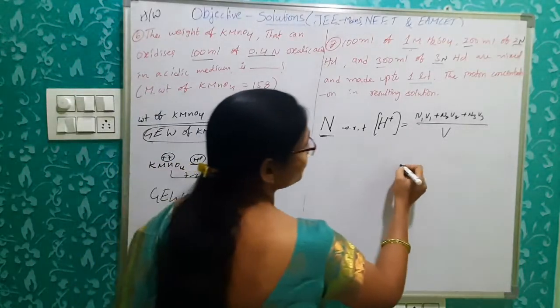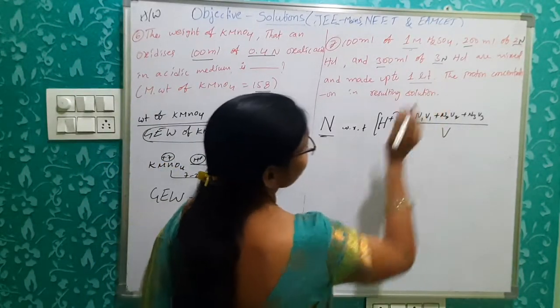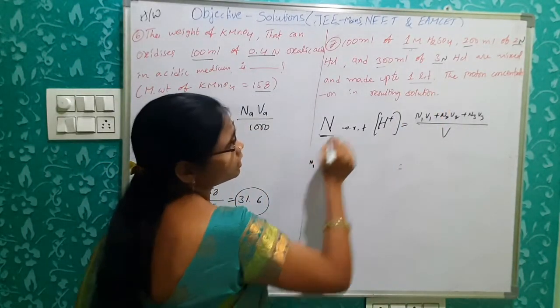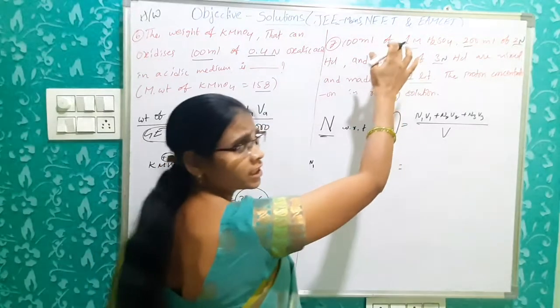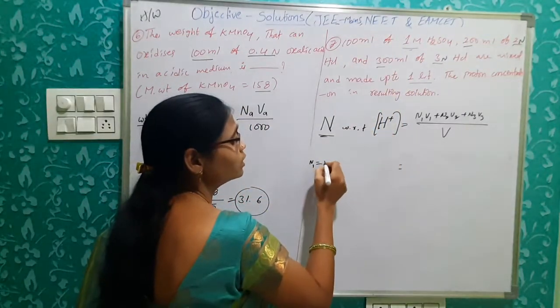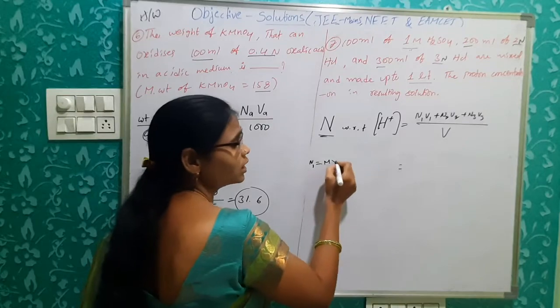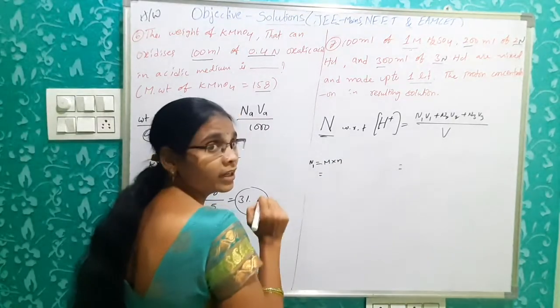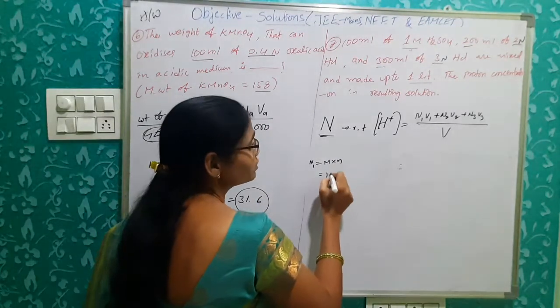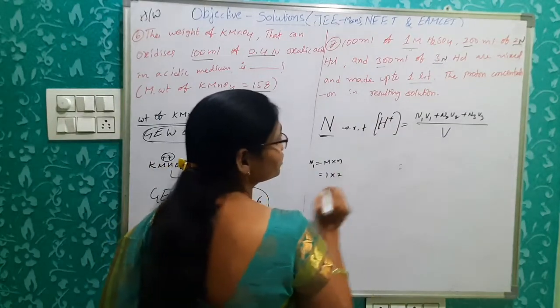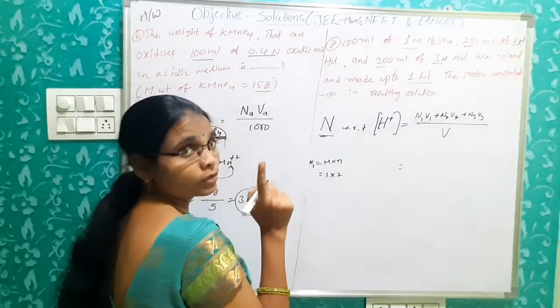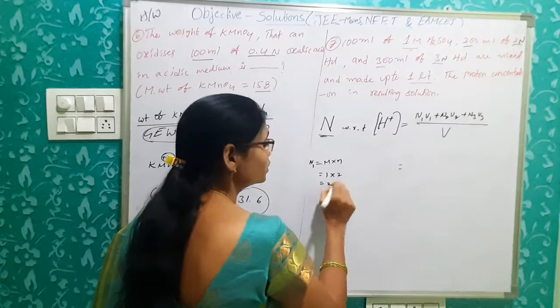Okay, now N1 is not given, molarity is given, so that is converted into normality. Normality is equal to molarity into basicity of that acid. So molarity is given as 1, H2SO4 basicity how much? 2.